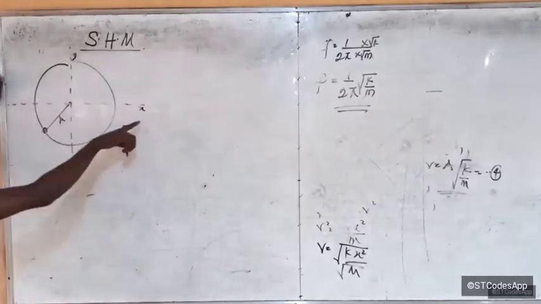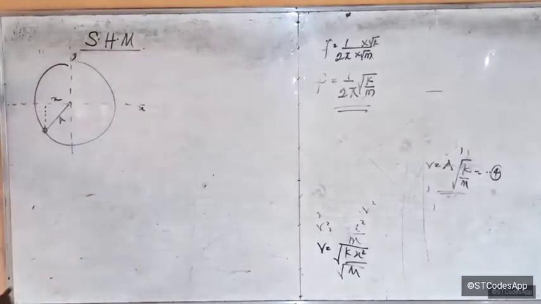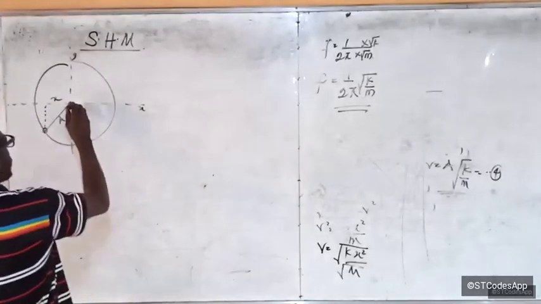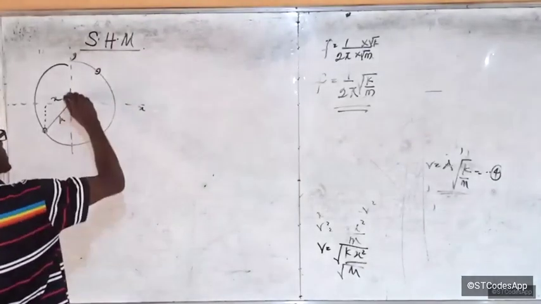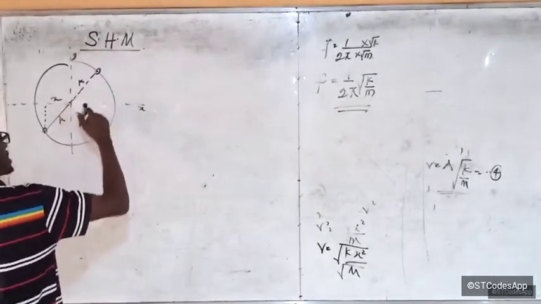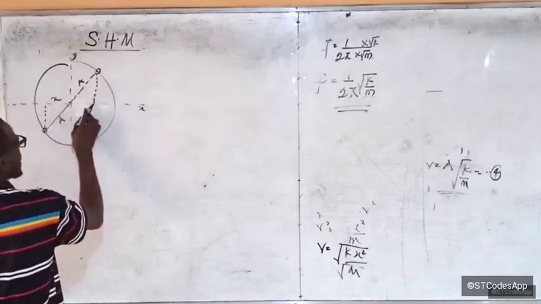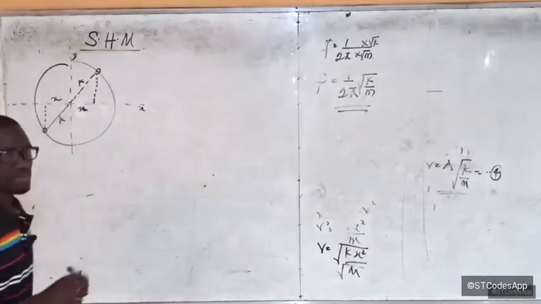So in its x plane, it has moved a particular distance, x. I don't know if you got that. If the body were here, it has moved a particular x distance.